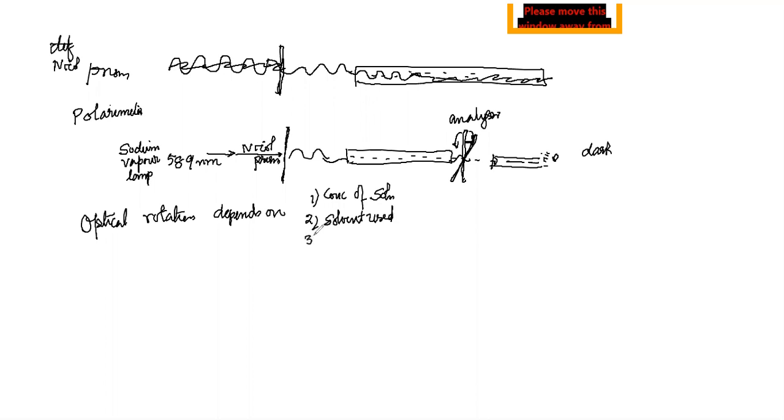Number three, temperature of measurement. Number four, wavelength of measurement. And number five, path length of the solution.